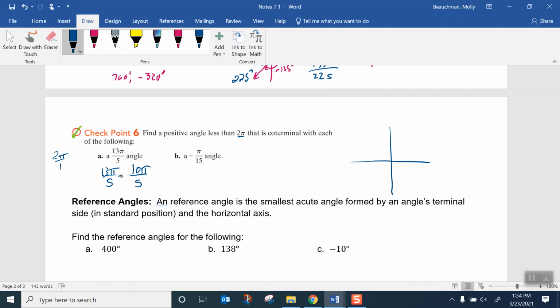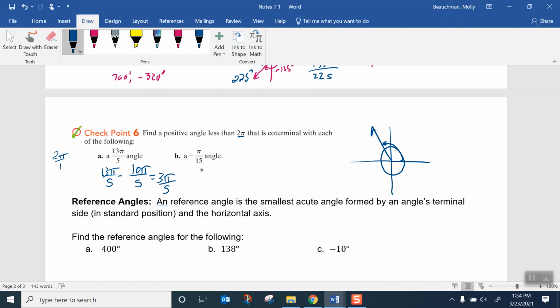So if we take 13 pi minus 10 pi over 5, we get 3 pi over 5. Okay, so think about that as going around the circle once, and then another 3 pi over 5. And you'll end up about here.